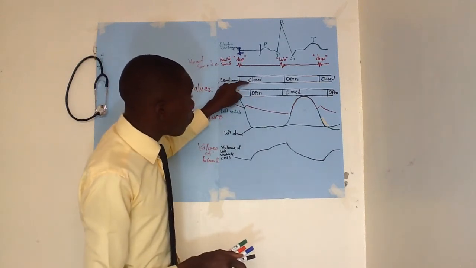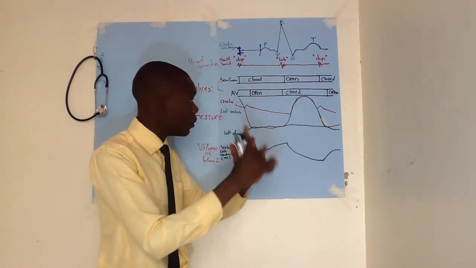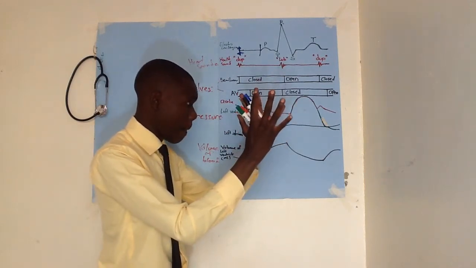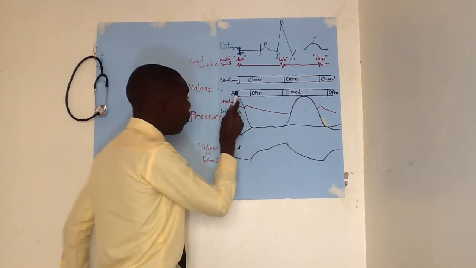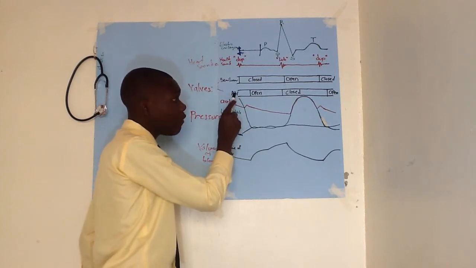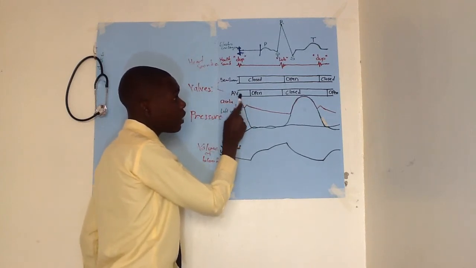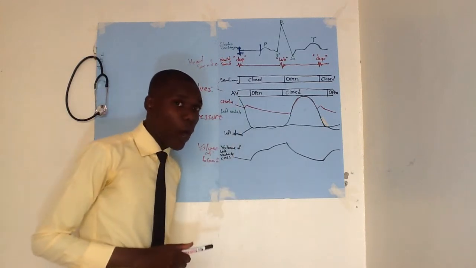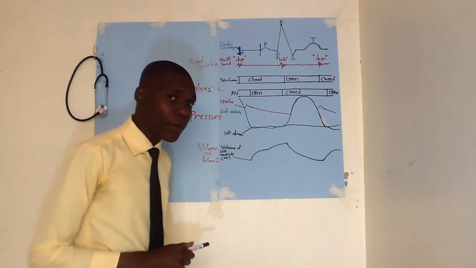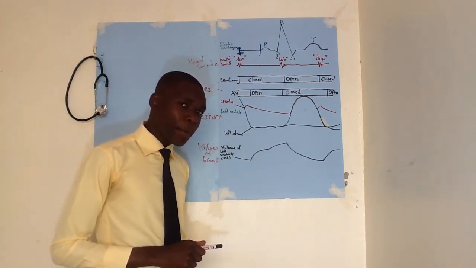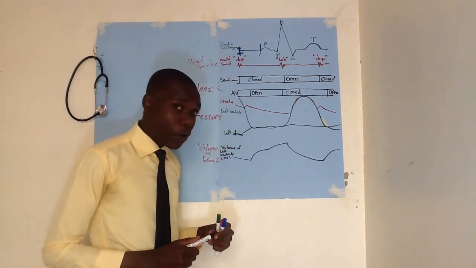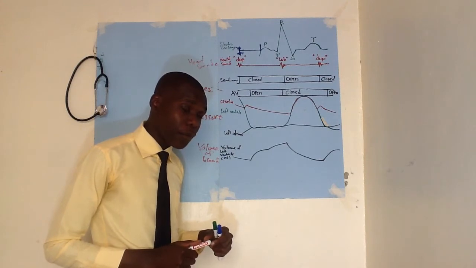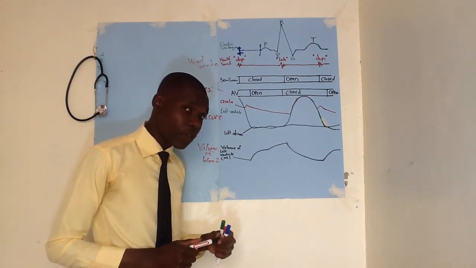But in this same condition, as the semilunar valves are being closed, we are seeing that our atrioventricular valves at that state are also closed. Why? Initially, the ventricles are just from contracting.